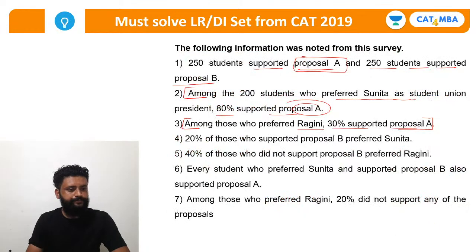Okay, so we are done with this, done with this, done with this. 3 clues done. We have 4 more clues with us. So 20% of those who supported proposal B preferred Sunita.